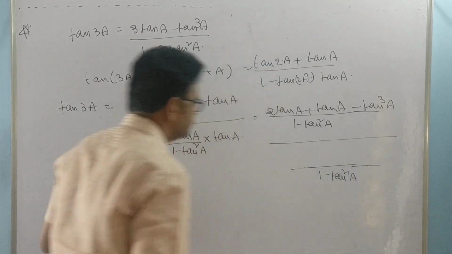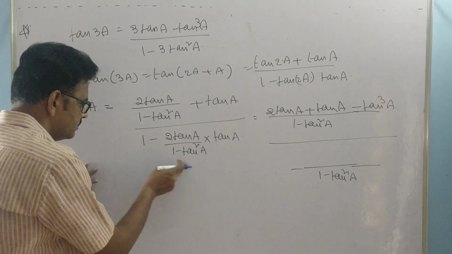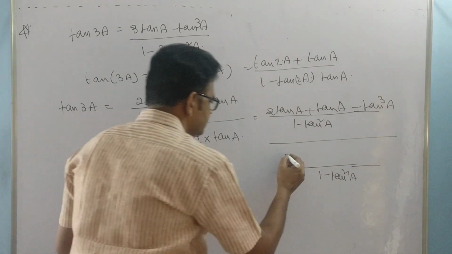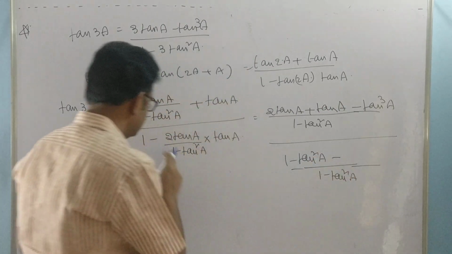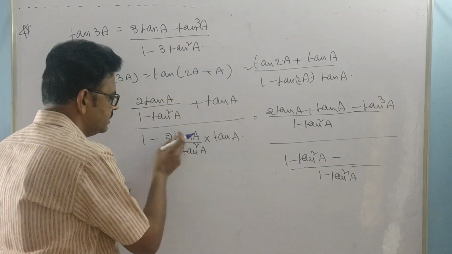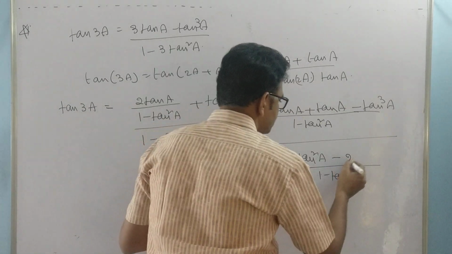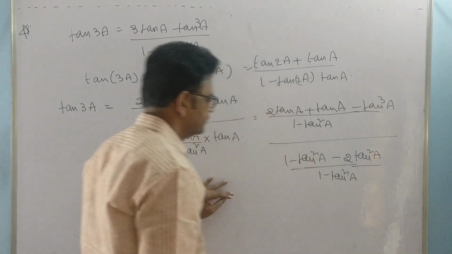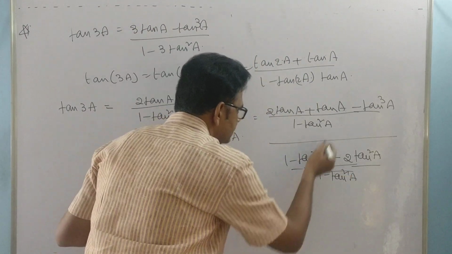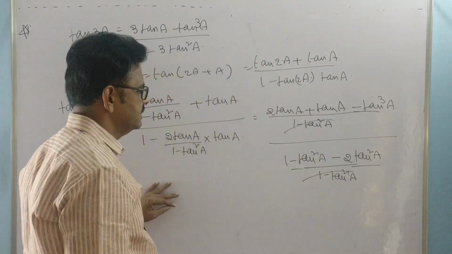The denominator is 1 minus tan square a, minus tan a into tan a, that is tan square a, minus 2 tan square a. The 1 minus tan square a gets cancelled.